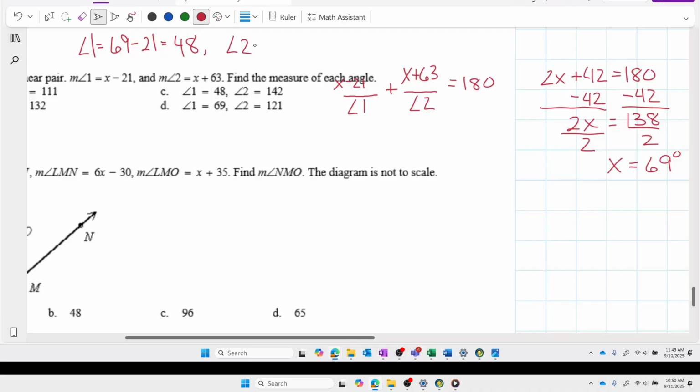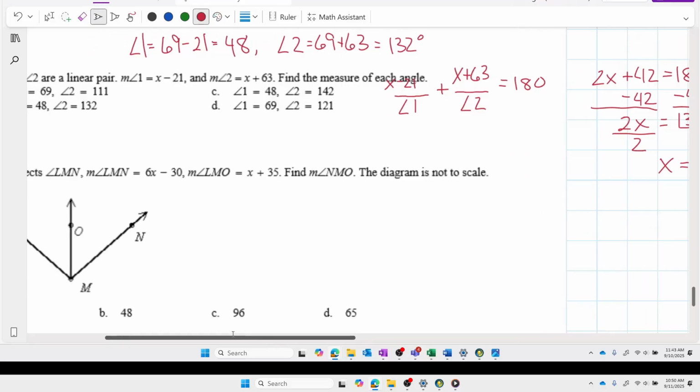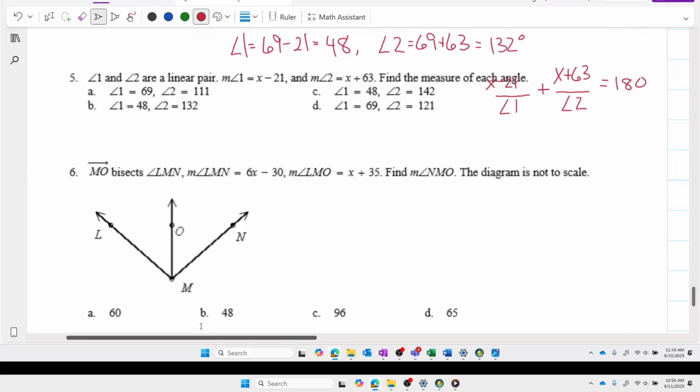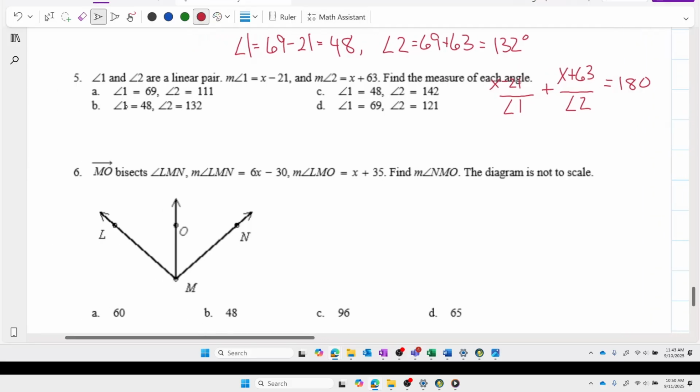And angle 2 is equal to 69 plus 63, which is 132. Right, so angle 1 is 48. Angle 2 is 132. Answer choice B.